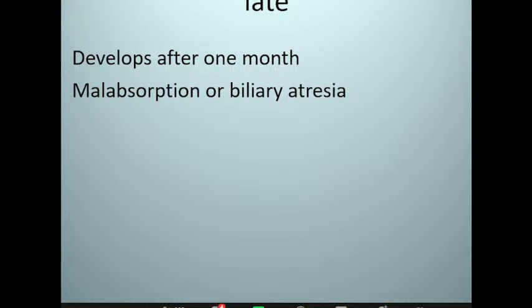We call that biliary atresia. Of course, the child will be jaundiced, the liver functions will be abnormal, and it's a clinical diagnosis that we would see. And when we do the ultrasound, we can demonstrate that the biliary tree is not well developed in the newborn that is affected.